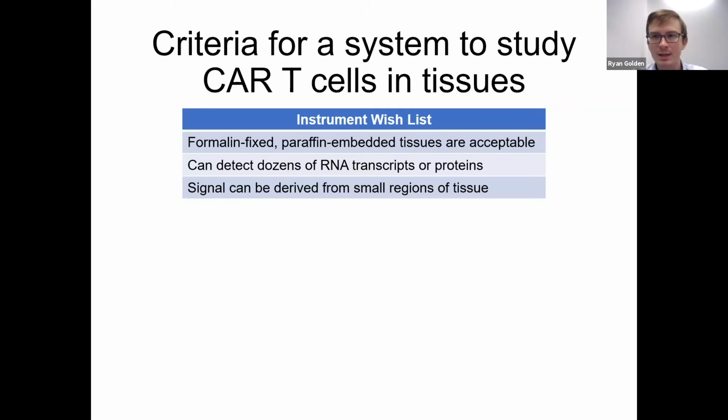So it may not be single cell level, but something where we can get an aggregate signal coming from a few dozen cells, say a few dozen CAR T cells that are in a tertiary lymphoid structure, versus a few dozen CAR T cells that are in the tumor versus in the stroma. And so we really want that fine level of analytical ability.